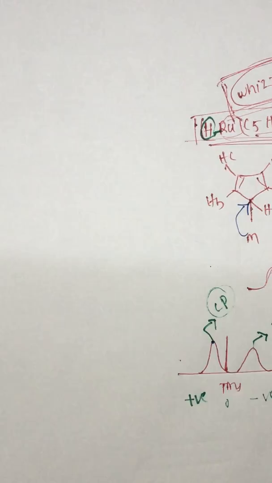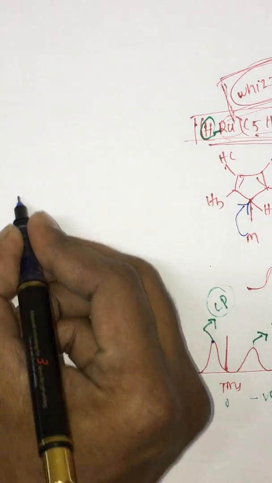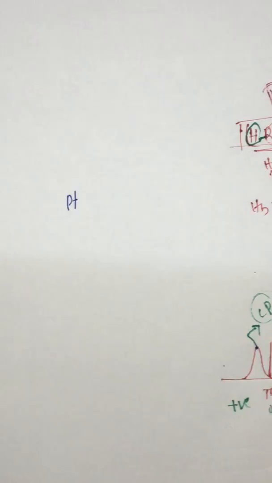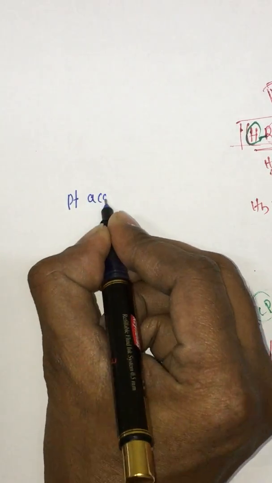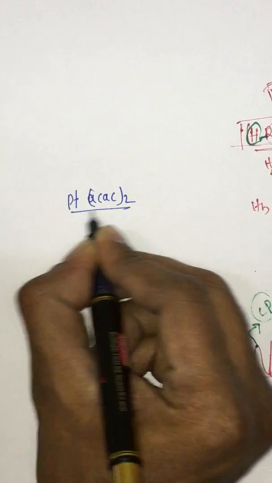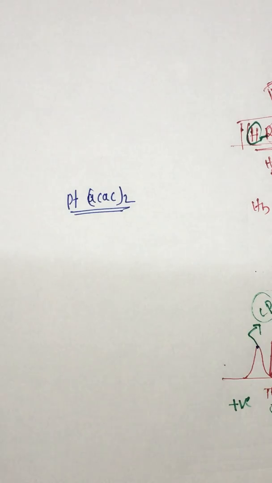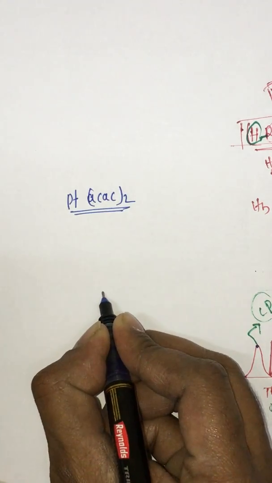And next we have platinum (acac) twice. This exists in a square planar shape.